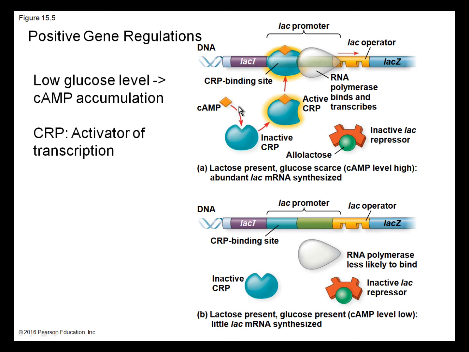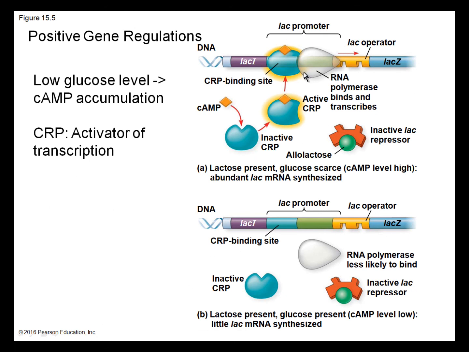And this binding of cAMP to the CRP changes the three-dimensional structure of the CRP. Now this CRP is active. It can bind to the lac promoter, and by binding to the lac promoter, it recruits RNA polymerase. It increases the affinity of RNA polymerase to this lac promoter.